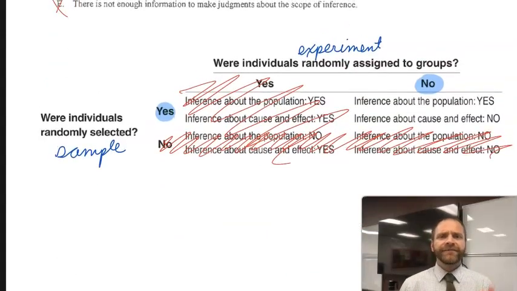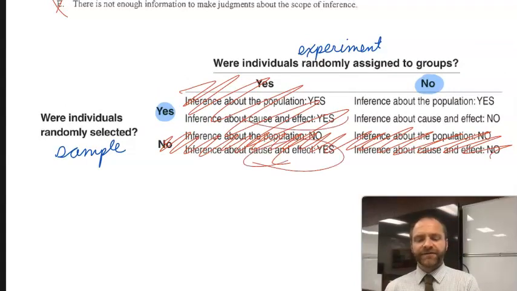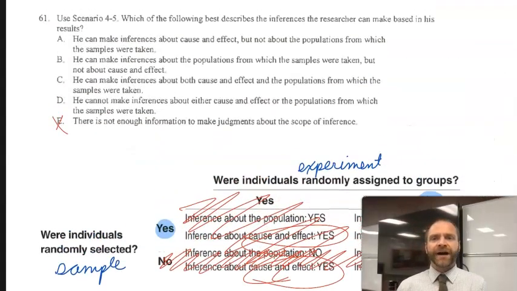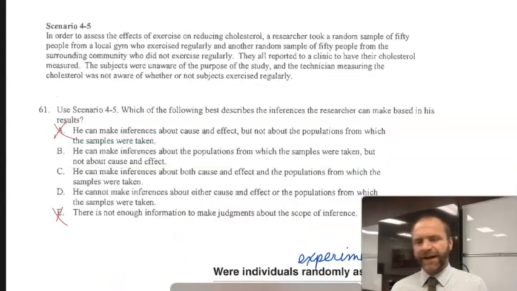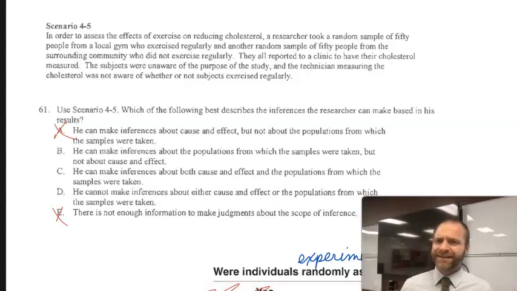No, cause and effect is if they are randomly assigned. So I don't think it's going to be C. He can make inferences about the population, that sounds good, but not cause and effect. Another says he can make inferences about cause and effect. Again, I don't like it. That says we can do cause and effect, and in this case, I don't think we can. We showed that in the table.